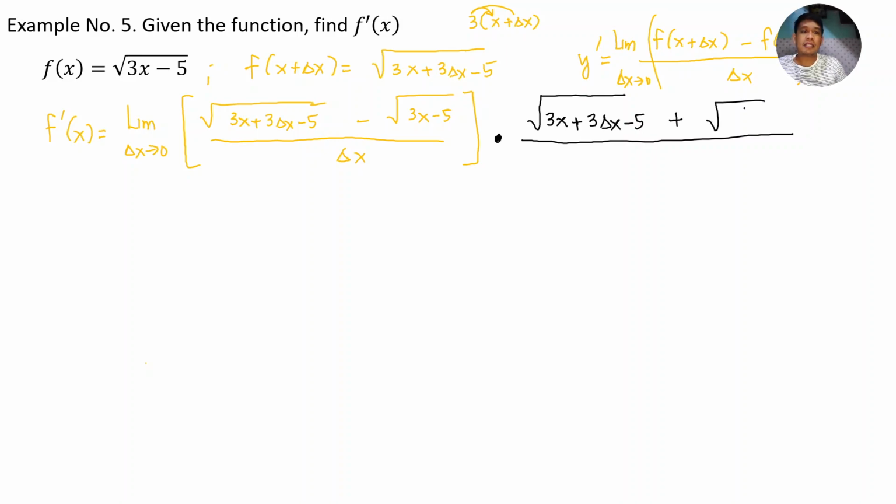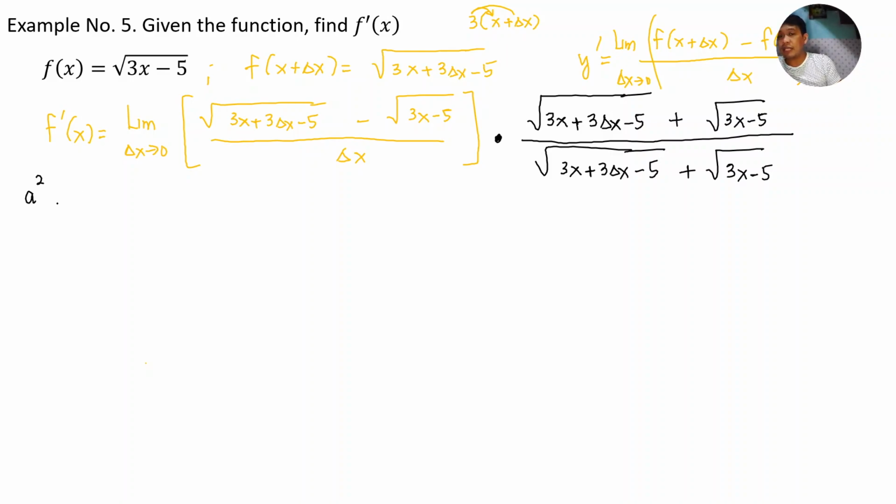This becomes plus square root of 3x minus 5, square root of 3x plus 3 delta x minus 5 plus square root of 3x minus 5. So, why multiply by the conjugate?